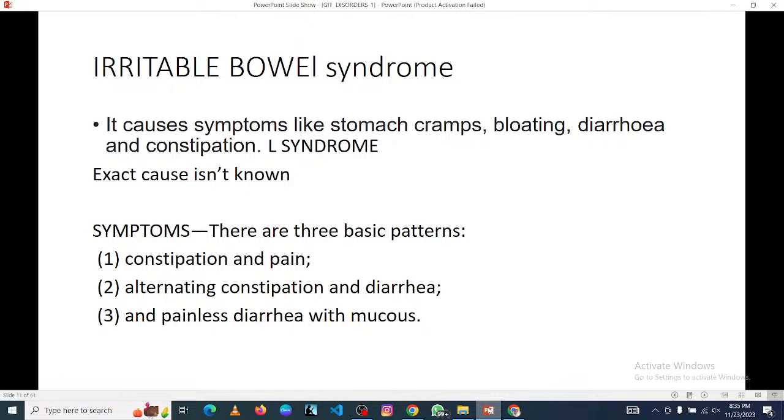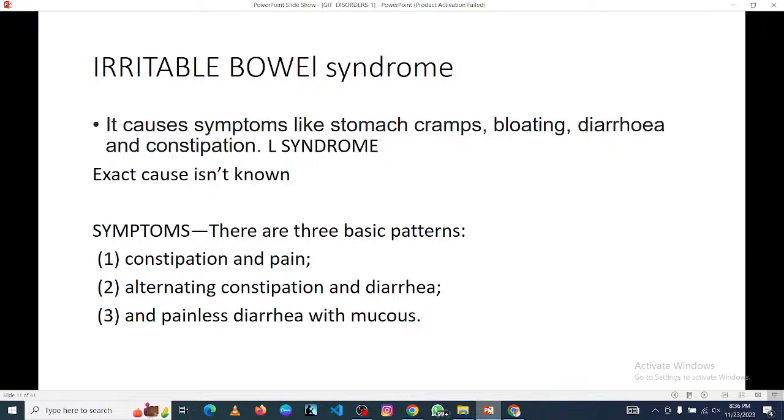Ulcerative colitis and Crohn's disease. We'll see them in the coming slides. Actually, today I intended that we should cover ulcerative colitis and Crohn's disease only, but I didn't make slides for that. We'll cover them deeply because I've met a lot of patients with IBS.